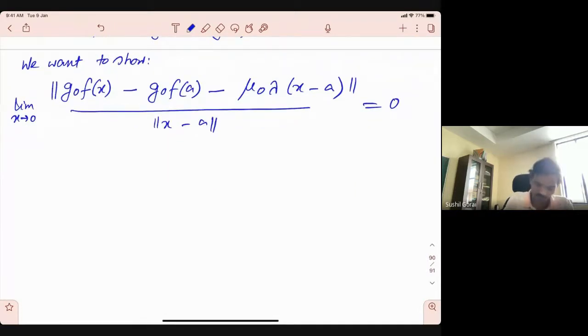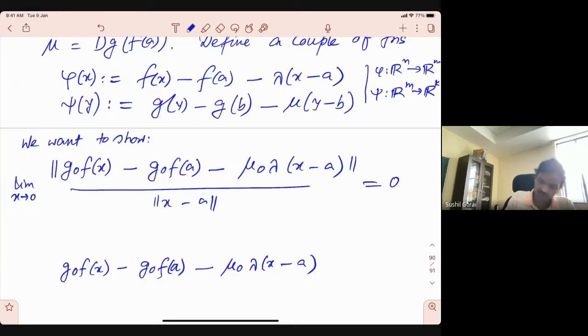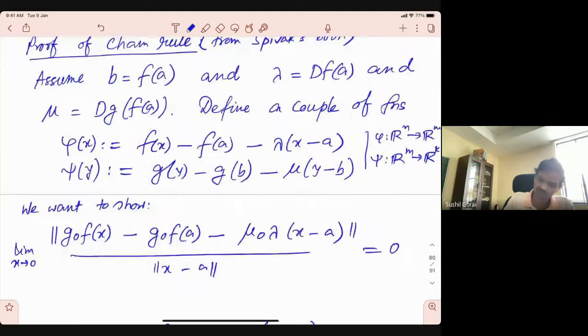Now let us look at this. What does the numerator give us? We need to unfold a few things. Minus mu compose lambda of (x minus a). So g compose f at x, and this is g of b because f(a) was b, and this one is mu of lambda times (x minus a).